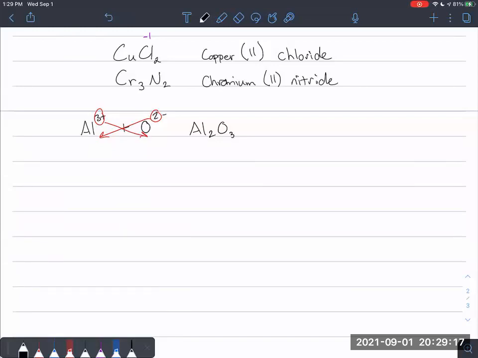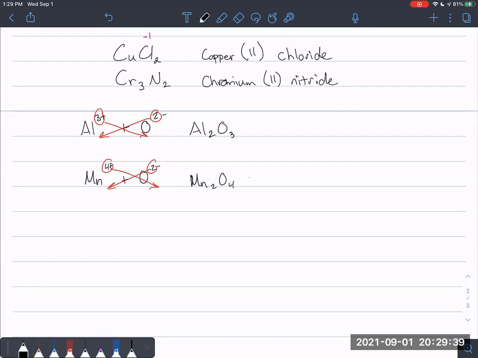What do I mean by that? Well, what happens if you have manganese(IV) and oxygen like this? Well, if you follow that rule, that goes here and this goes there, what you would have is Mn2O4.